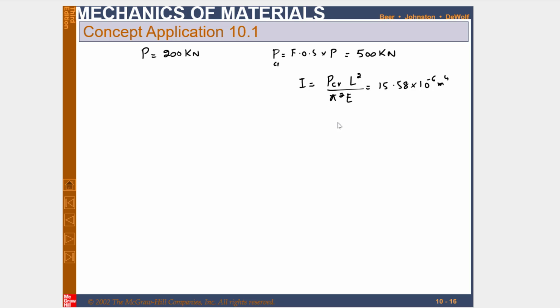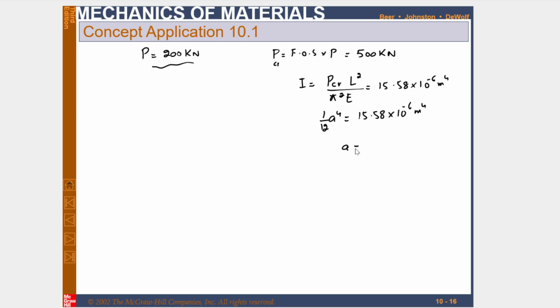And from this, we have been asked to find the cross-sectional area of the square for this load. So I, which is 1 over 12 A to the power 4, is equal to 15.58 into 10 raised to the power minus 6 meter 4.